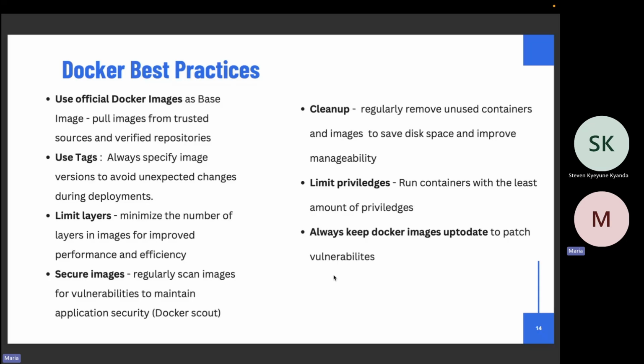You have to clean up and remove unused containers and images to save disk space and improve manageability. You have to limit privileges. Another reason why Podman was introduced: Docker has a problem. Docker runs as sudo sometimes. It runs as the root user. So sometimes you have to limit privileges.